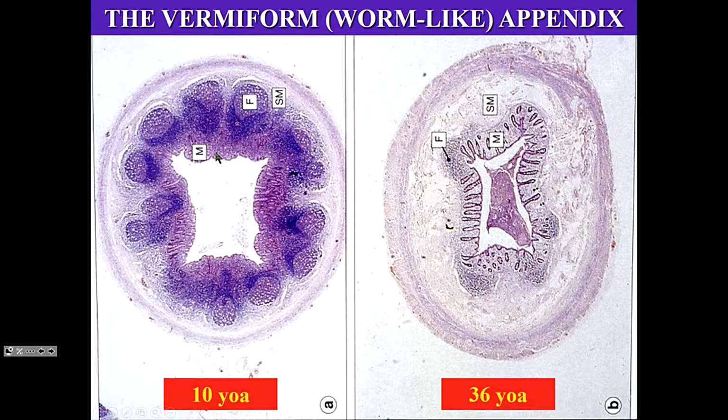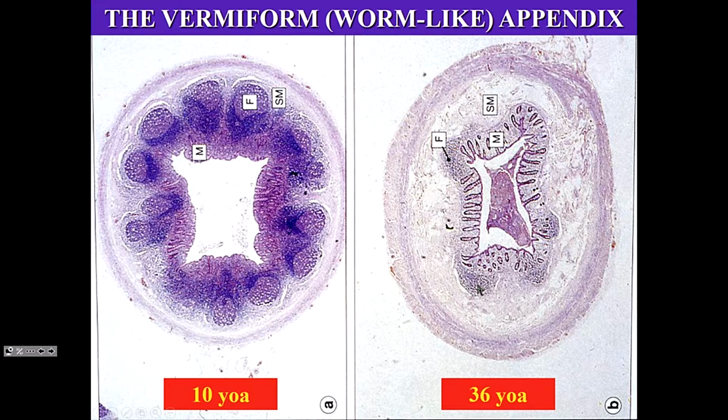Okay. So here is a picture of the appendix in a younger person and an older person. The thing to note is the amount of lymphatic tissue in the appendix. In the younger person, there's quite a bit of lymphatic tissue. In the older person, you can see most of it's gone, right?